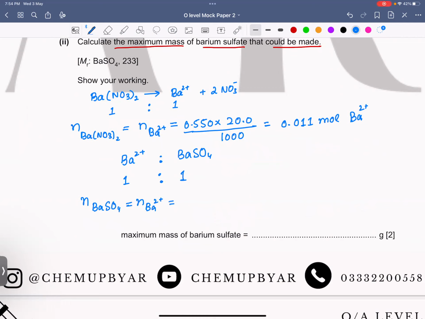So the moles of barium sulfate would be 0.011. And if I have to find the mass of barium sulfate, then I have to multiply these moles of barium sulfate with its Mr to turn into mass. Here the Mr is provided, that is 233. So multiply by 233 and it would give you the mass.